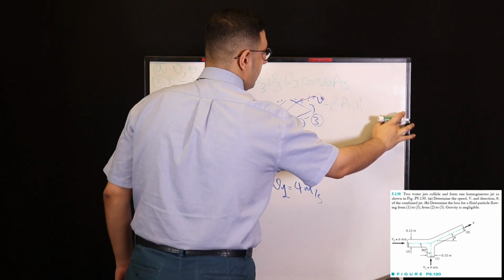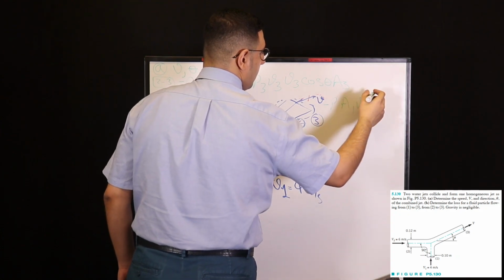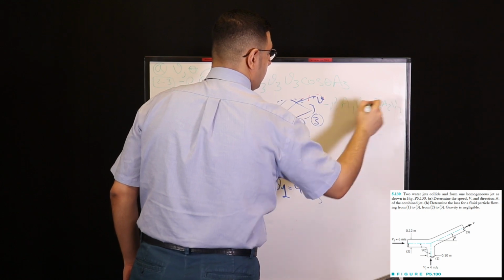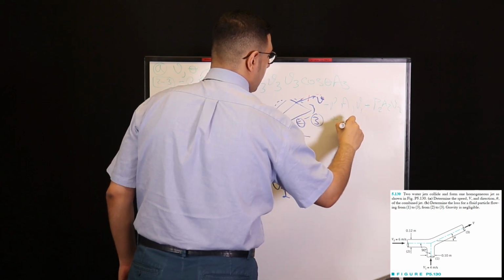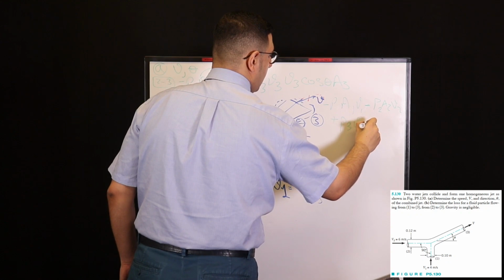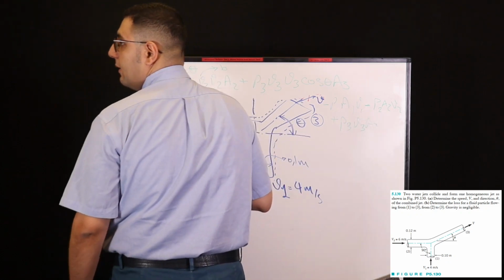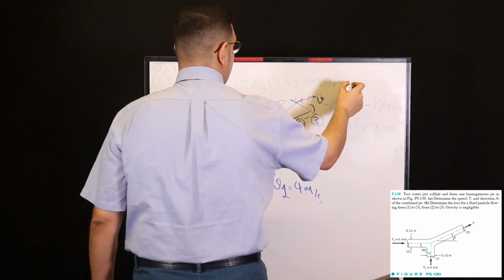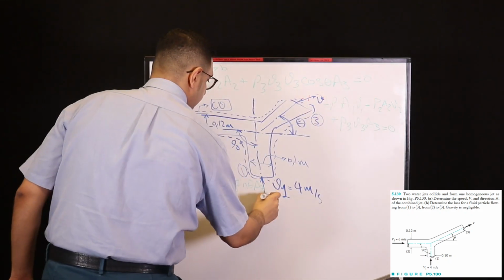Since we have it as this, rho2 A2 V2 plus rho3 V3 A3 shall be equal to 0, the same as this and this.